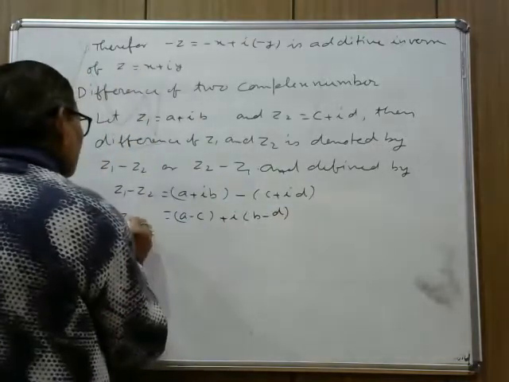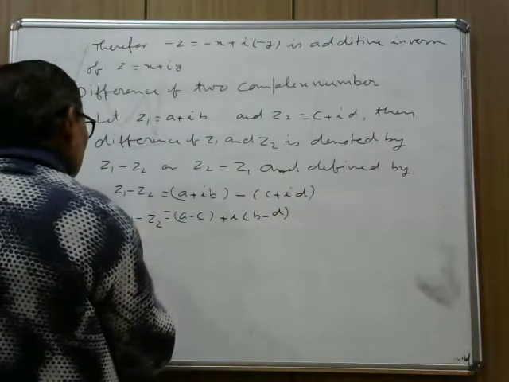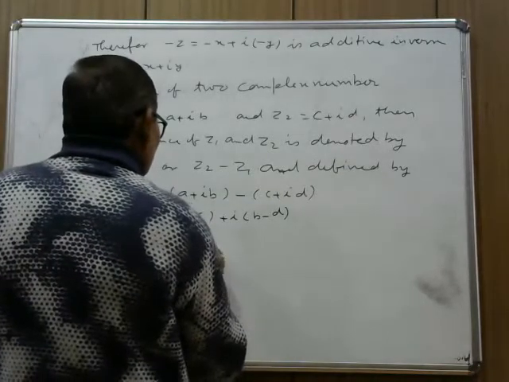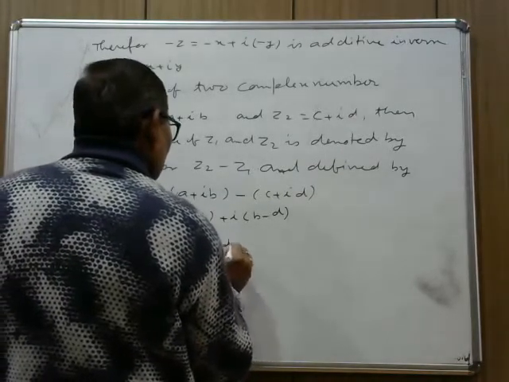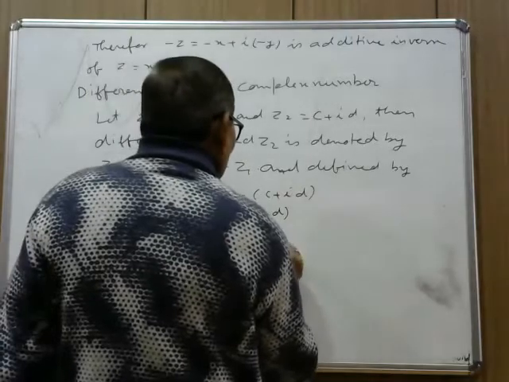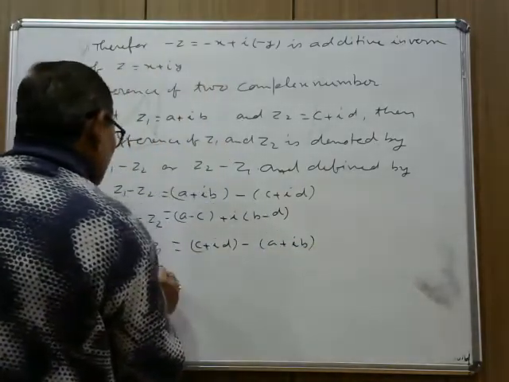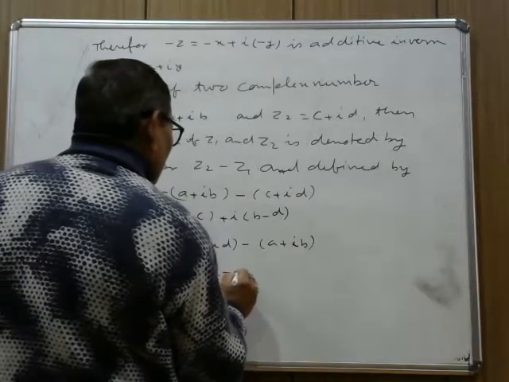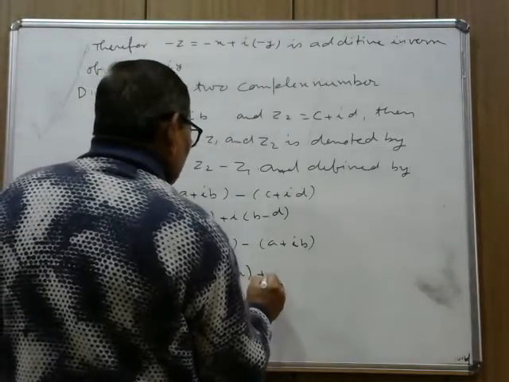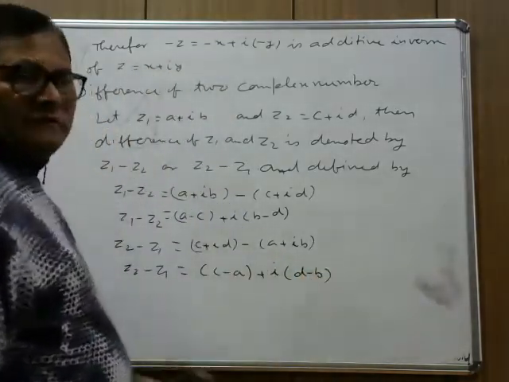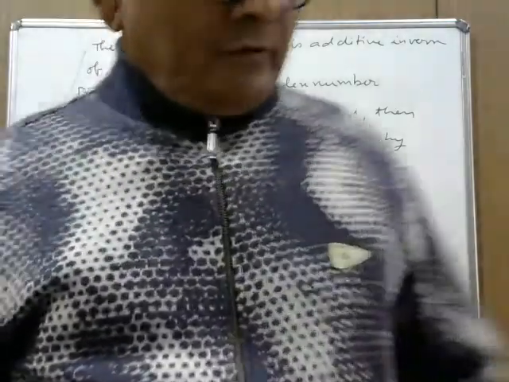This is Z1 minus Z2. Now Z2 minus Z1 is defined as c plus id minus a plus ib, that is Z2 minus Z1 equal to c minus a plus i times d minus b. So in this way we find the difference of two complex numbers.